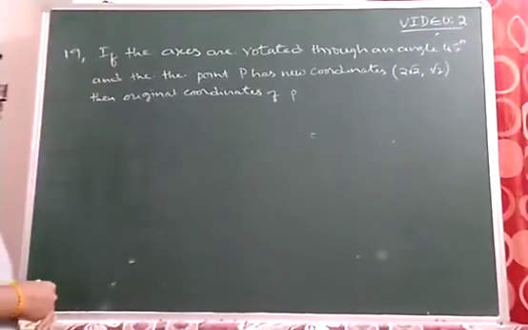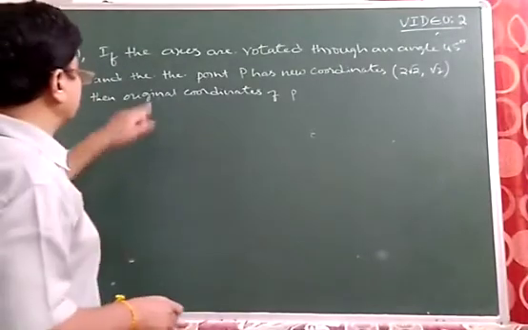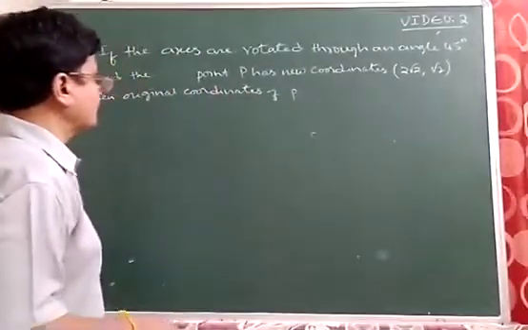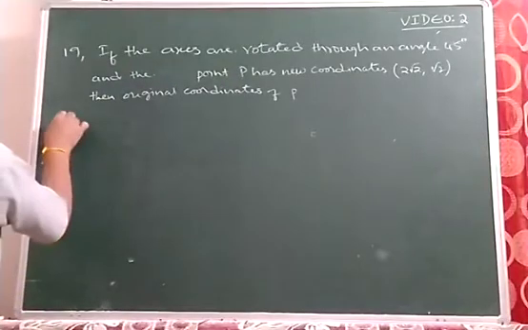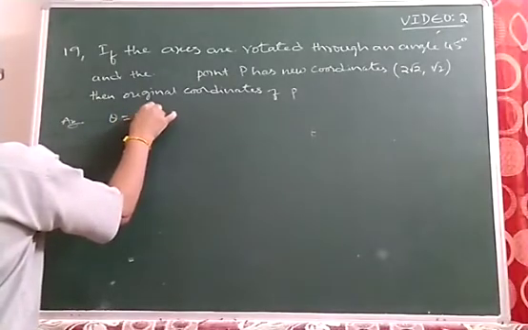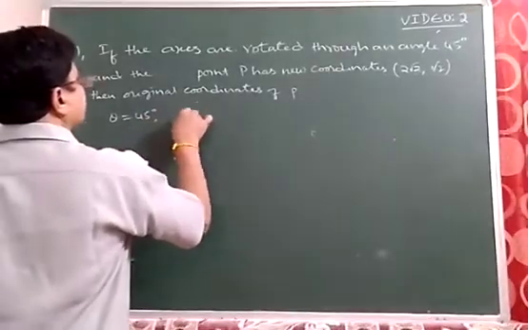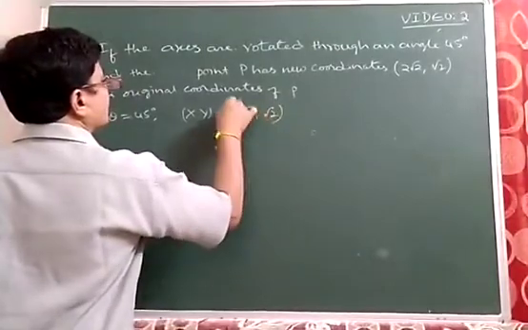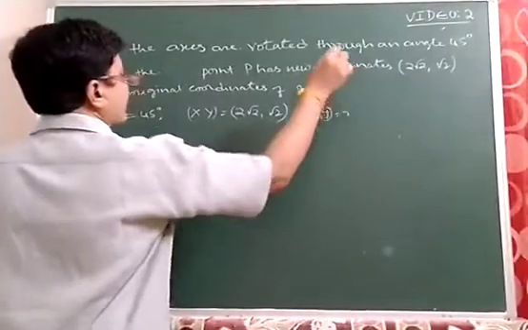Question number 19. If the axes are rotated through an angle 45 degrees and the point P has new coordinates 2 root 2 comma root 2, then original coordinates of P are? So that means if the axes are rotated through an angle 45 degrees, that is theta is equal to 45 degrees, and the new coordinates capital X capital Y is equal to 2 root 2 comma root 2, then what are the original coordinates?